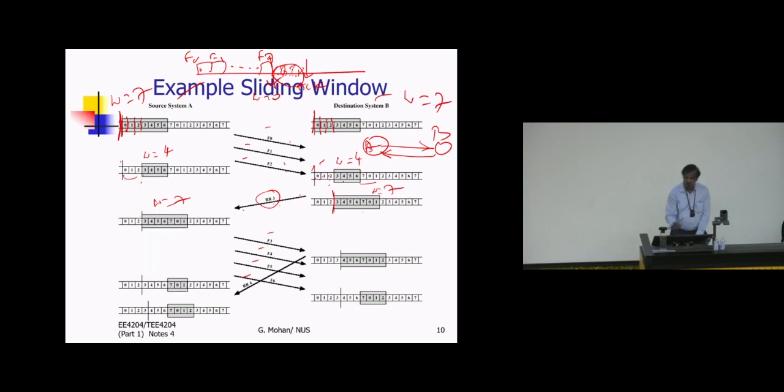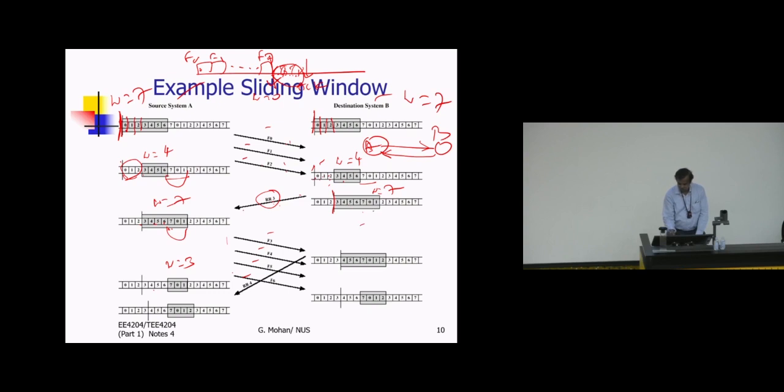So it knows that the receiver is acknowledging those frames prior to 3. So that means these 3 frames are acknowledged. So it will expand by 3. W is 7. Then after sending 4 frames, the W will become 3. Now 3, 4, 5, 6 would be the outstanding frames.